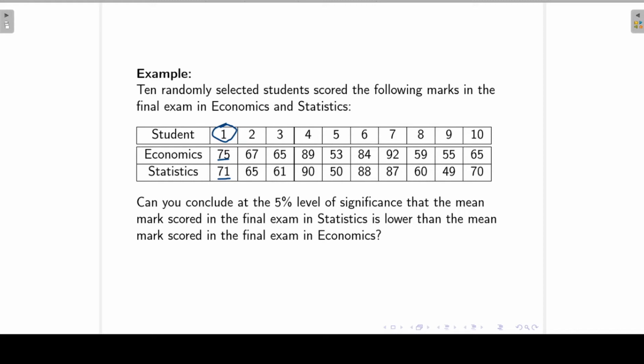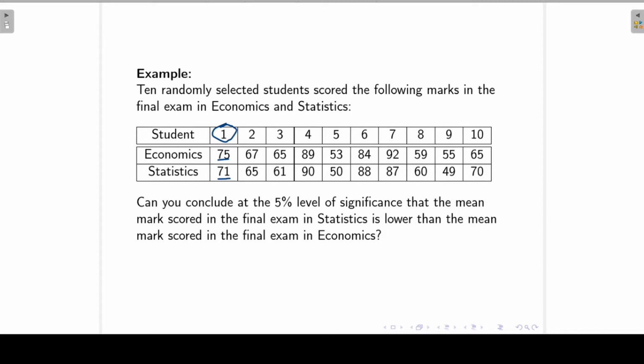Now, in this case, we have 2 marks for each student. So there is an association between each observation in the first sample, the economics sample, and each observation in the second, the statistics sample. So we are in fact working with 10 paired observations, and therefore we say that we are working with dependent samples.